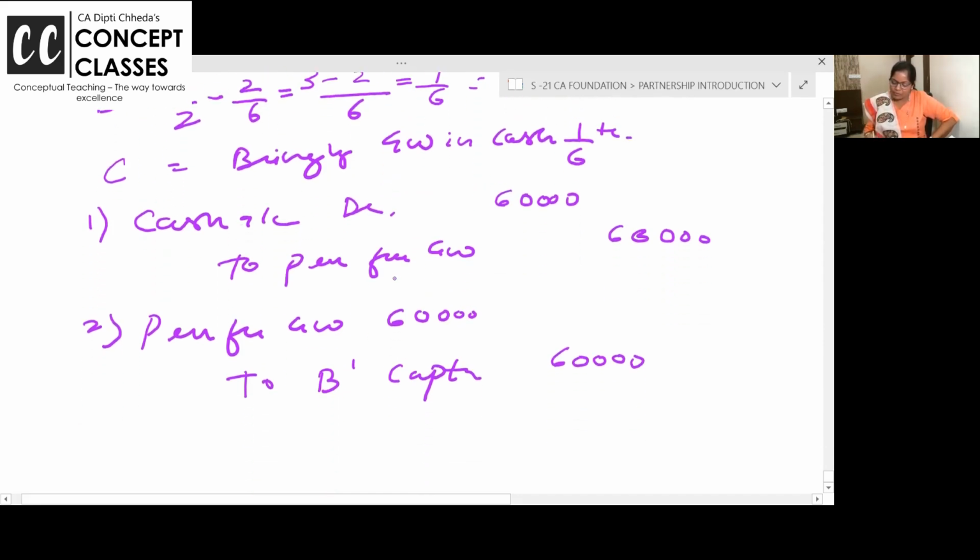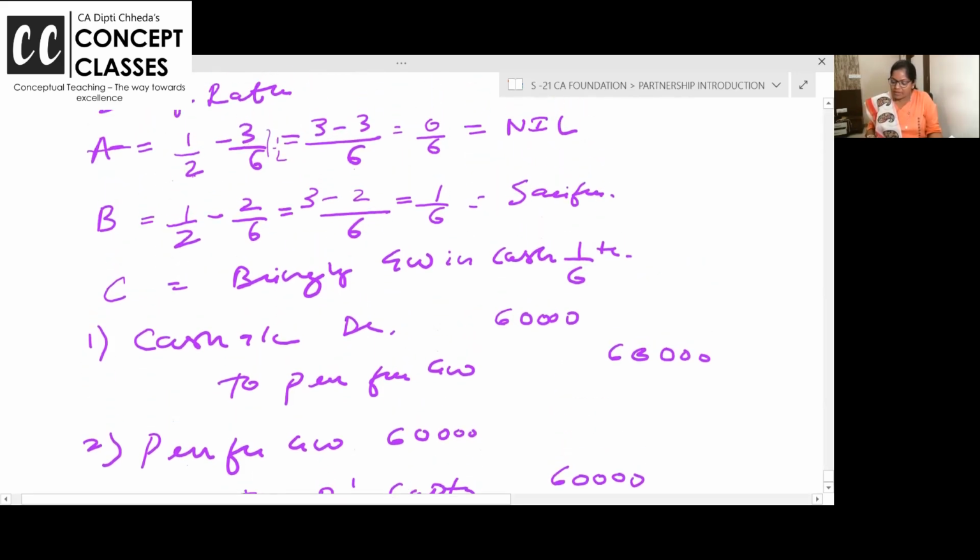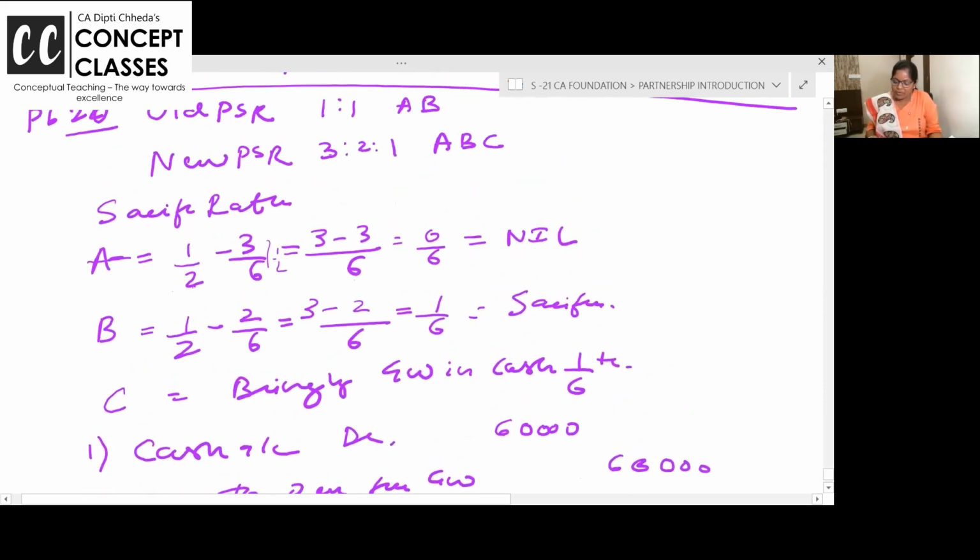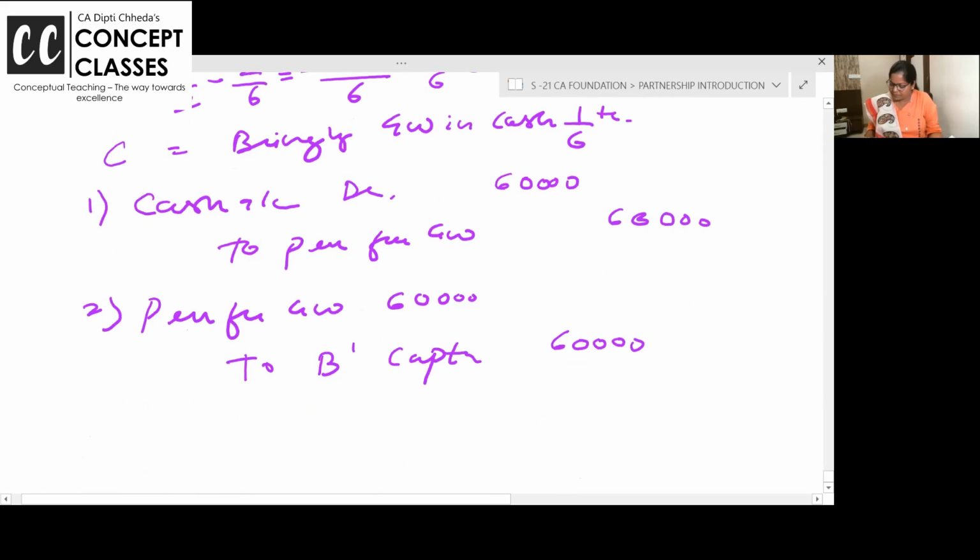So cash to premium for goodwill to B's capital account we will give. Then 20th problem, all are different. Somewhere we are giving to both, somewhere they are not giving, and so on.